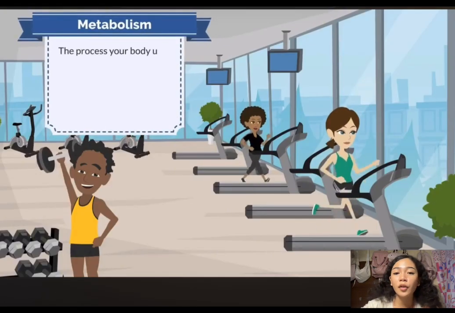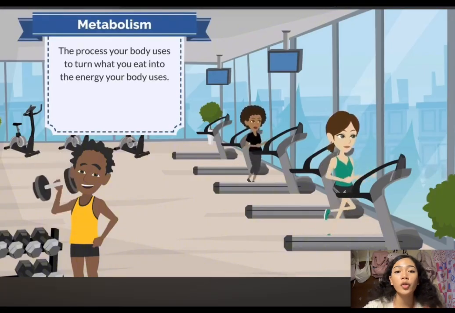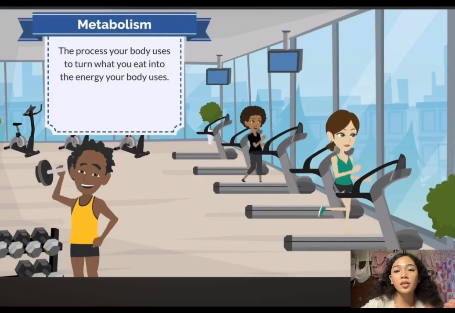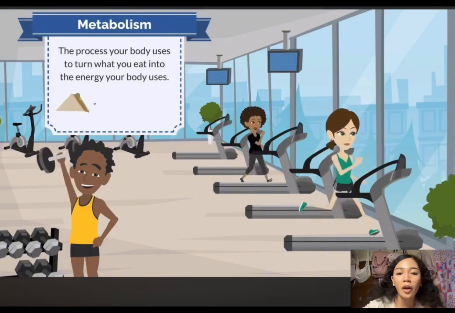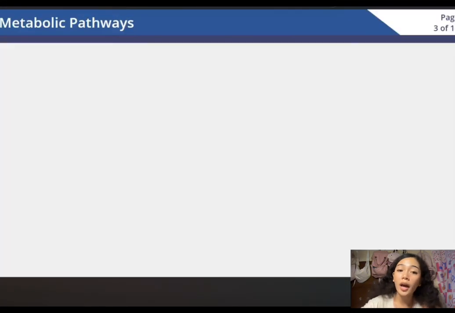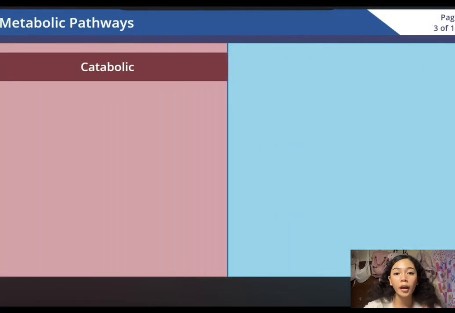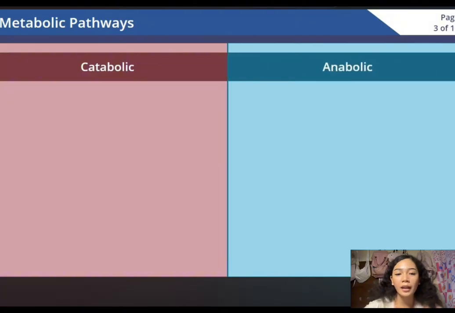Metabolism is a process your body uses to turn what you eat into the energy your body uses. It's all the chemical reactions carried out by your cells to change food into energy. There are two main types of metabolic pathway. The first one is the catabolic pathway, or the catabolic reactions.